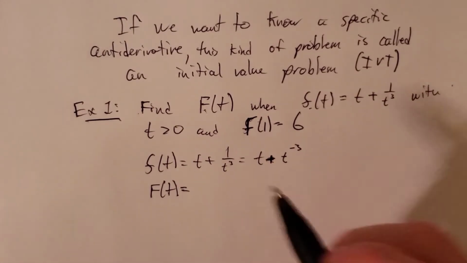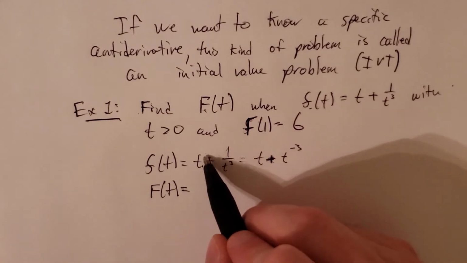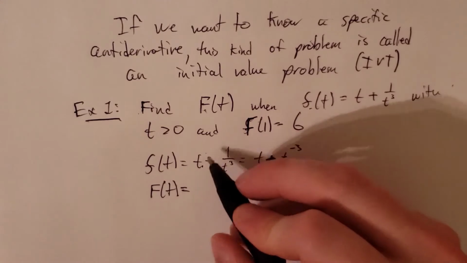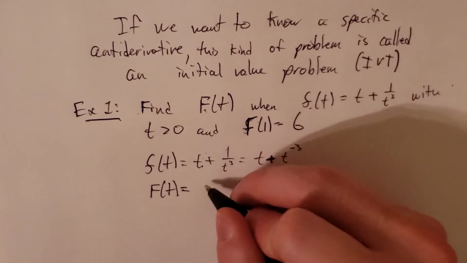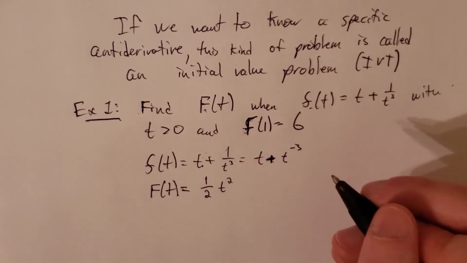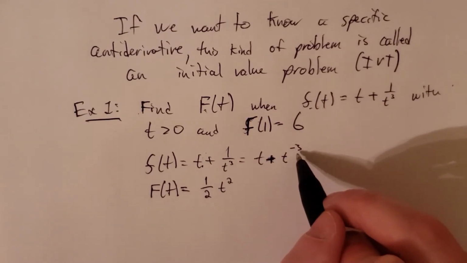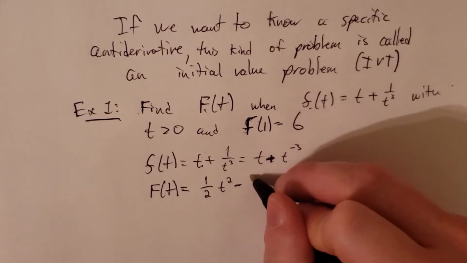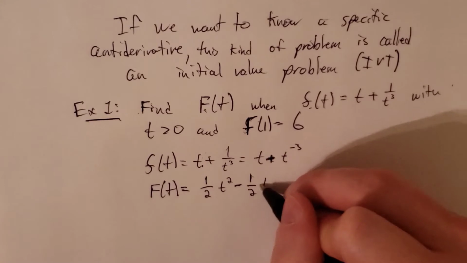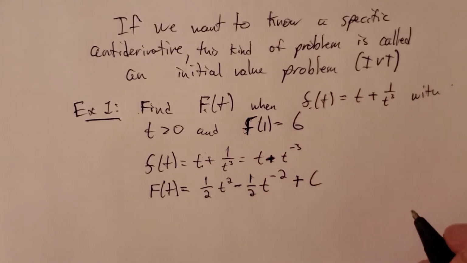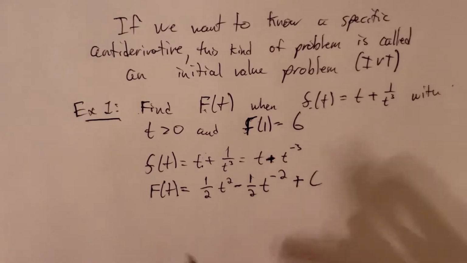We add 1 to this exponent, so that's t to the first, so it's going to be t to the second now. And then we divide by that new exponent. So this is 1 over 2, t to the second. And then we add 1 to the negative 3, it becomes a negative 2. So then we divide by negative 2. So this is now a minus 1 over 2, t to the negative second power. And of course, then to find the general antiderivative, we have to add some constant c.